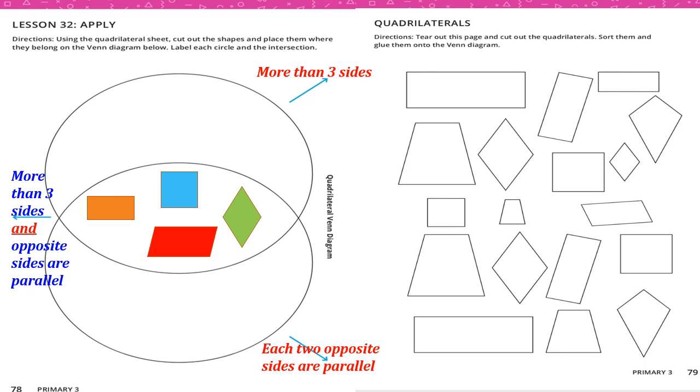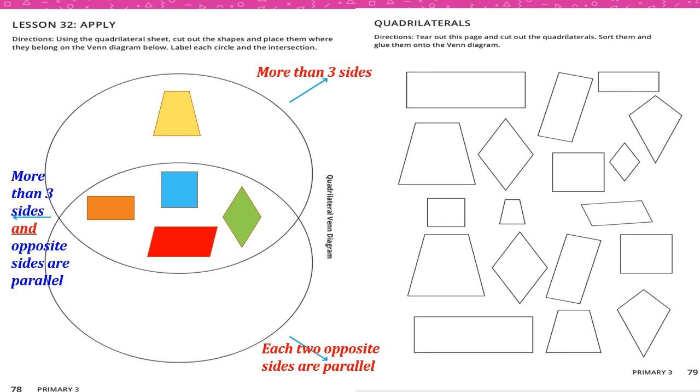And the next one, trapezium. Trapezium, more than three sides. But focus here. In trapezium, each two opposite sides are parallel? No. So I will not put it in the intersection area.